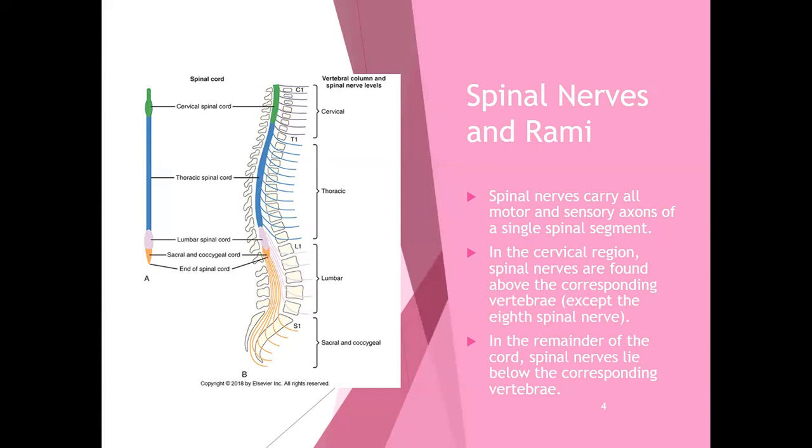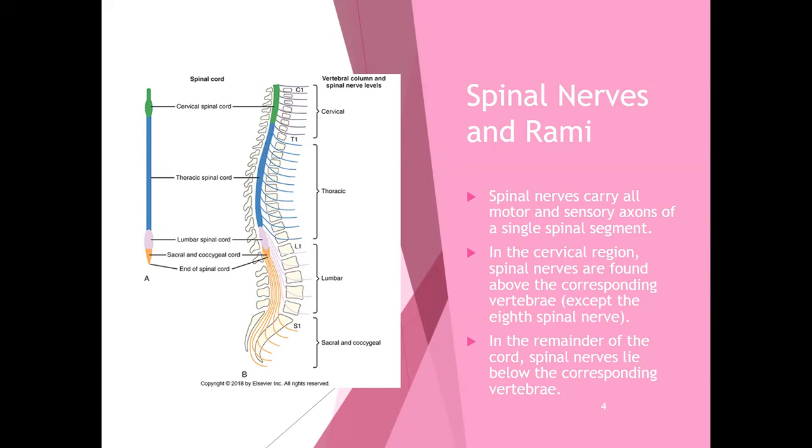But the spinal cord in an adult, in a regular sized adult, is significantly shorter than the vertebral column. So the levels of the spinal cord segments below C2 don't correspond exactly with the vertebral levels. You can kind of see in this diagram how the nerve roots are getting farther and farther up from where the vertebra is. So they don't completely correspond.